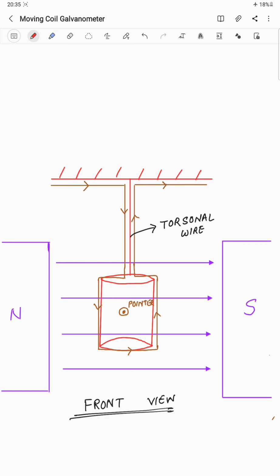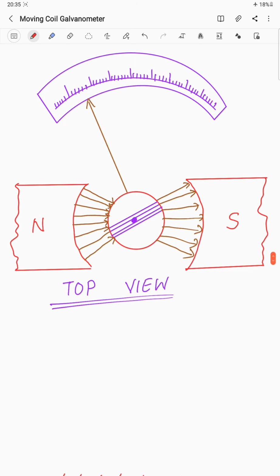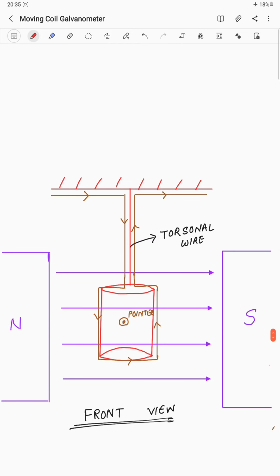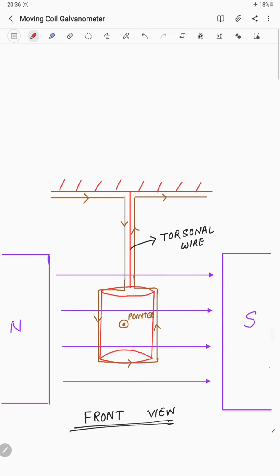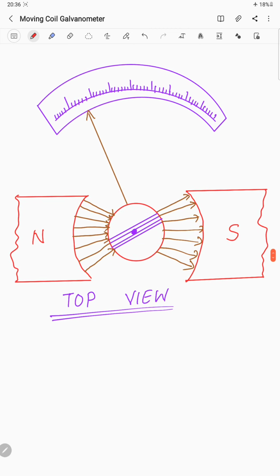Simple thing, we have to equate the deflecting torque with the restoring one. Then we can easily find out. And what about the top view? In the top view also you can see the magnet, and in the front view I have used a pointer. That pointer rides over a scale which will tell you the amount of current present in the circuit.